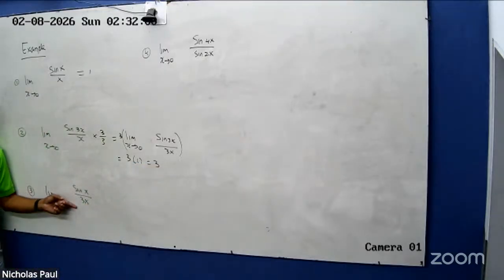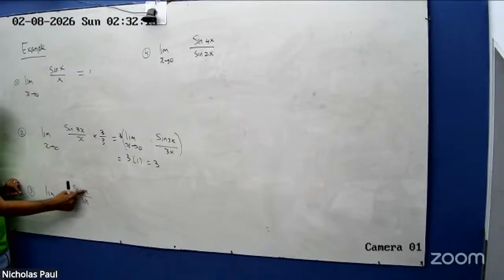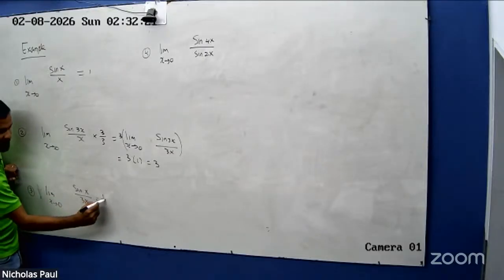In this case now, what do I do? This one here, can I multiply by 3 here? Keshav, can I do that? No. So, I need x here and x here, right? So what I could do is factor out the 3. And I will get 1/3.